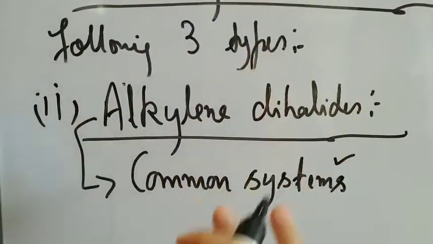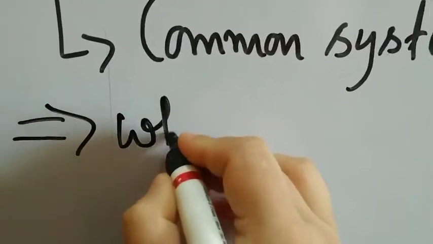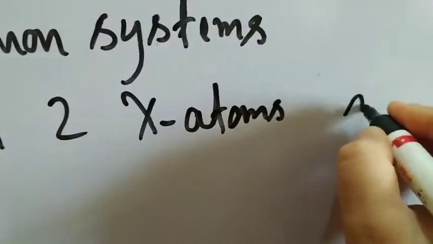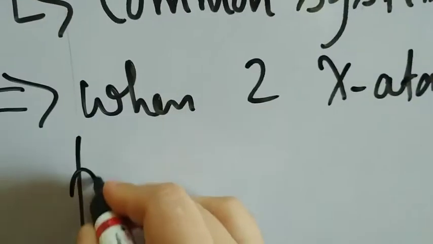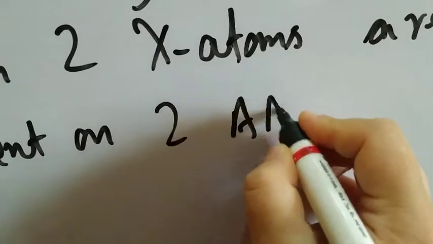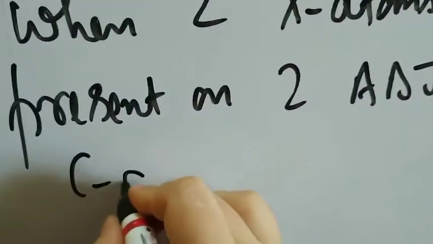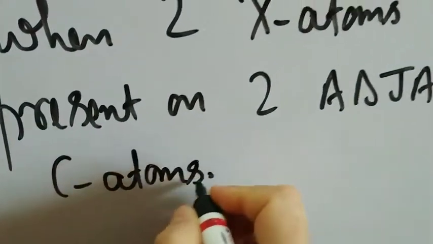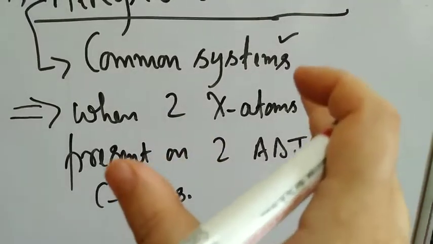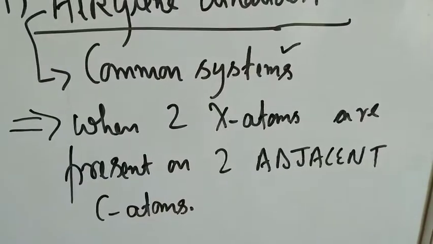Now, what is an alkylene dihalide? It is the class of compounds in which two halogen atoms are present on two adjacent carbon atoms. You have a parent hydrocarbon from which you have derived this class of compounds, in a way that you have replaced two hydrogen atoms of two adjacent carbon atoms by two halogen atoms.